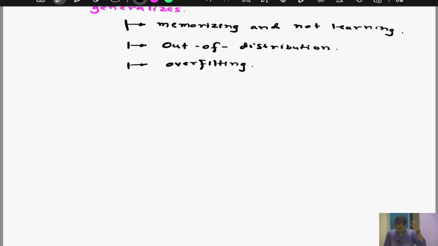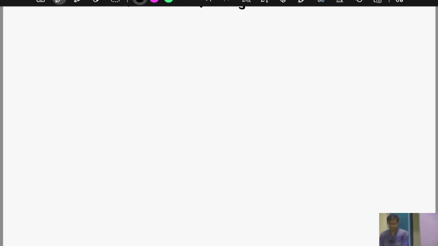Okay. So let me try and give some examples where this kind of behavior can happen. Suppose we are working with the MNIST dataset. Everyone knows about the MNIST dataset? Is there anyone who does not know about MNIST? Okay. So the MNIST dataset has handwritten digits, 0 to 9, 10 digits.